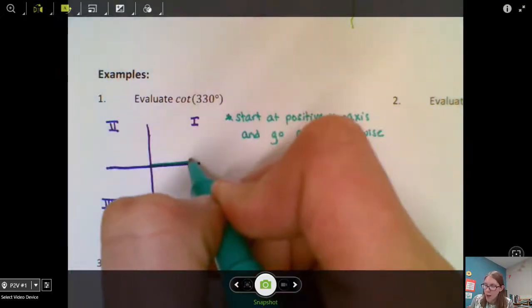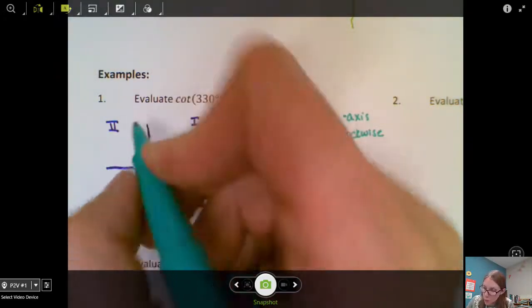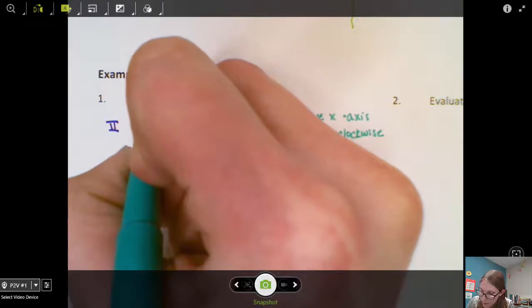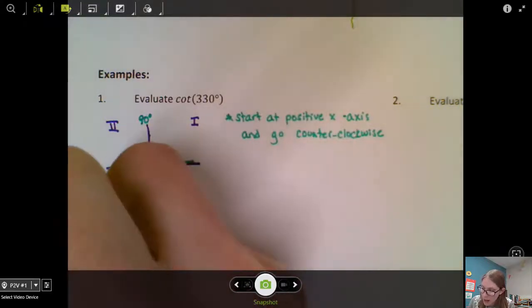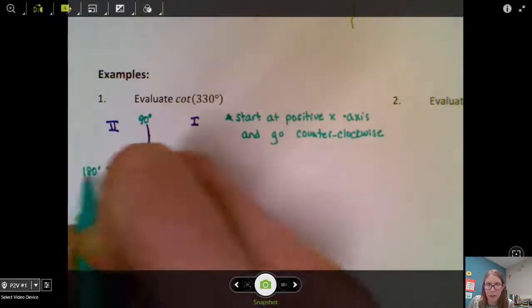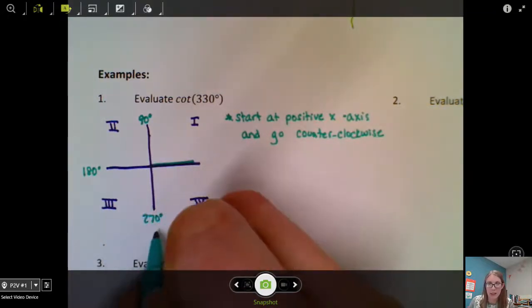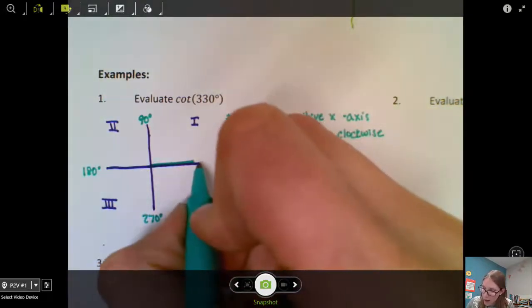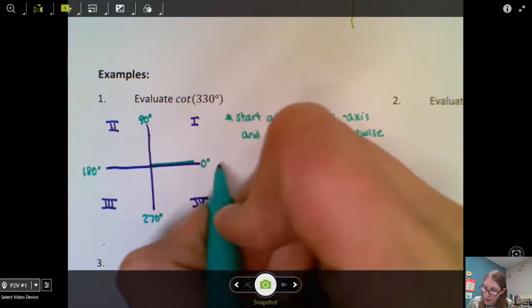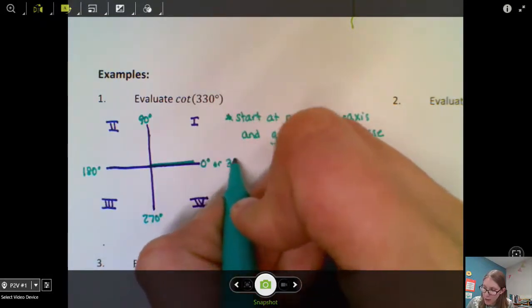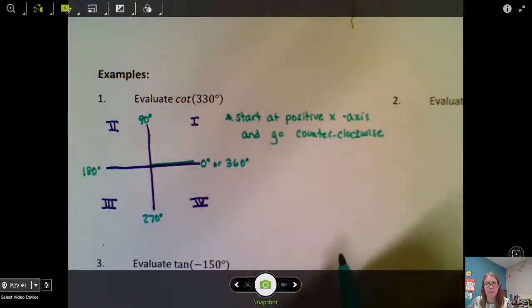Well, 90 degrees would get me up to the top. 180 degrees takes me over here. 270 degrees is at the bottom. And then back here, I could either call this 0 degrees or 360 degrees.